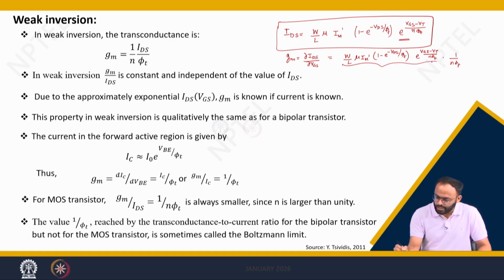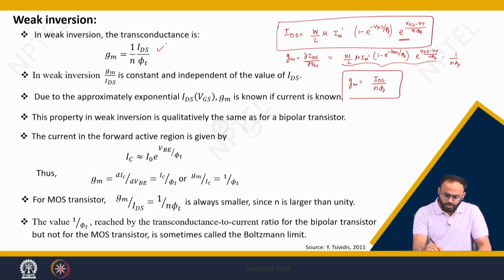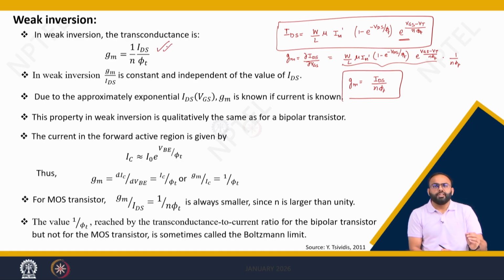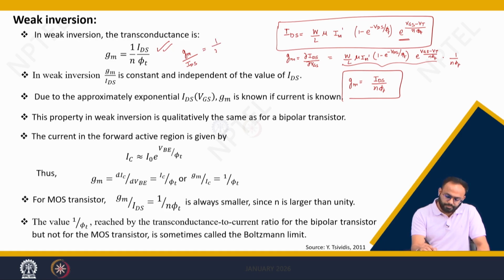This again can be replaced as Id divided by n into phi t. So the transconductance in weak inversion is dependent on current, or in general we can define that the ratio of transconductance with respect to current is constant.